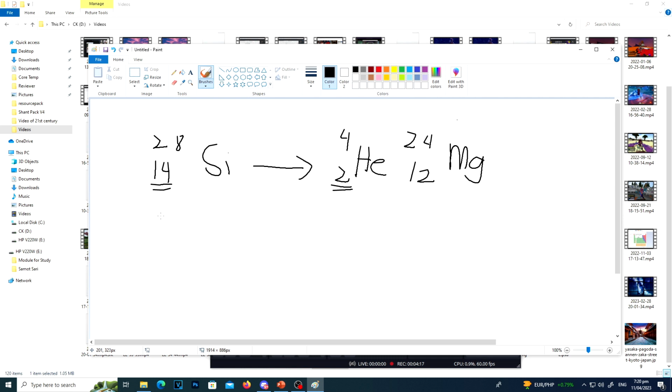Here we have another example: 48, then 24, chromium plus an electron, negative 1. I won't write it, but bear with it. What's the answer? We are not going to subtract anything here.